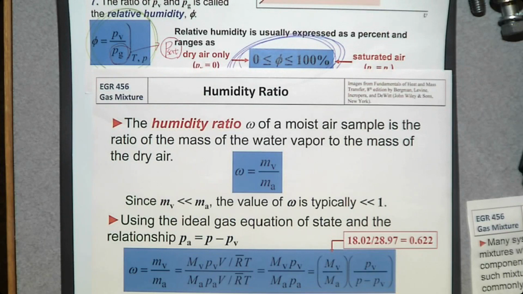So we are going to study how to convert between relative humidity and humidity ratio first. Then we are going to study how we add this omega in our energy balance equation that we studied in Thermodynamics 1.